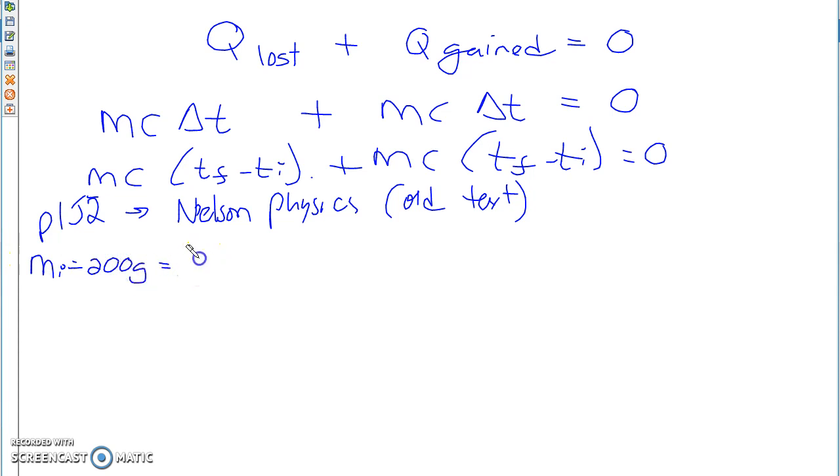Of course, convert this into kilograms, simple mistakes again. The initial temperature of the iron is 350 degrees Celsius. It is submerged in 300 grams of water. So the mass of water is 300 grams, which is 0.3 kg.